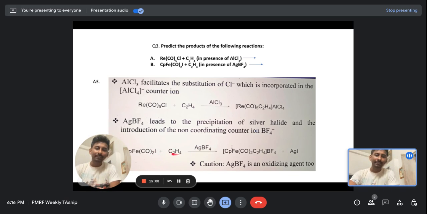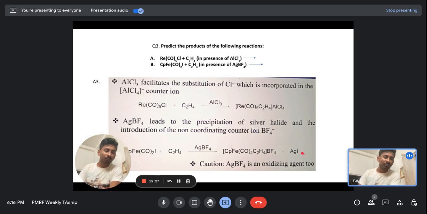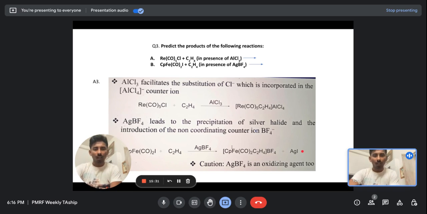Then in the vacant site, the C2H4 can attack, and this compound is prepared. Since BF4- is non-coordinating, it goes to the positively charged iron complex as the counter anion. So the product is CpFe(CO)2(C2H4)+ and BF4-, with precipitation of the brownish colored silver complex, silver iodide.